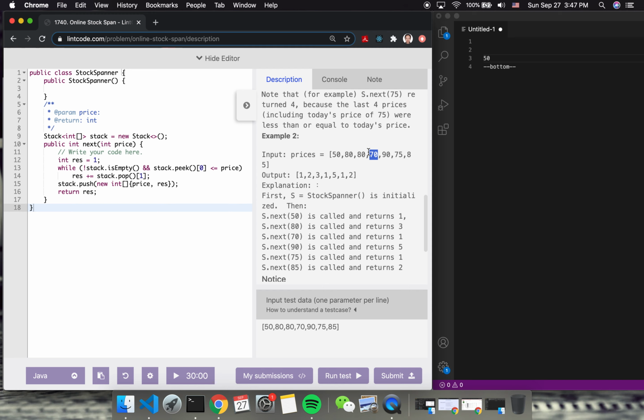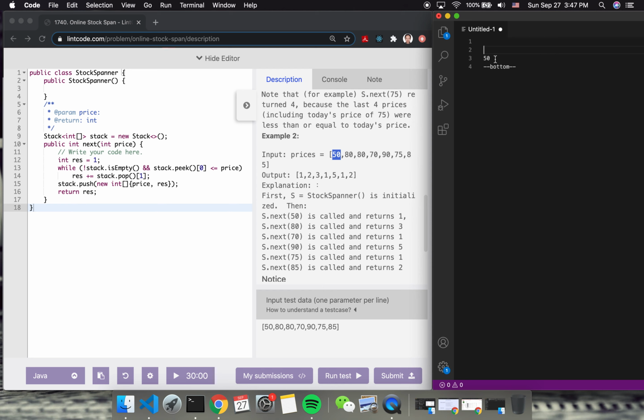So we are going to use a stack to solve this problem. At each point, before we push this price into the stack, suppose this is the bottom of the stack, we want to see what is the maximum number in the stack.